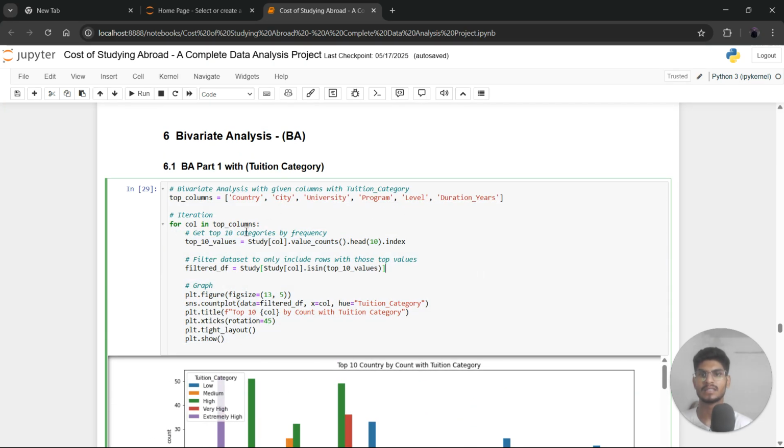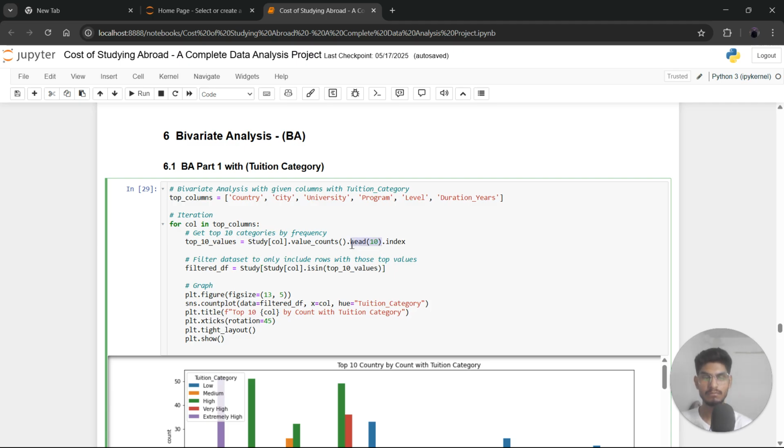So we are using country, and we are representing only the top 10 rows which are in high demand. So we have the UK, Australia, Germany, Canada, and other countries. These are the highest in demand. Why am I using the top 10?